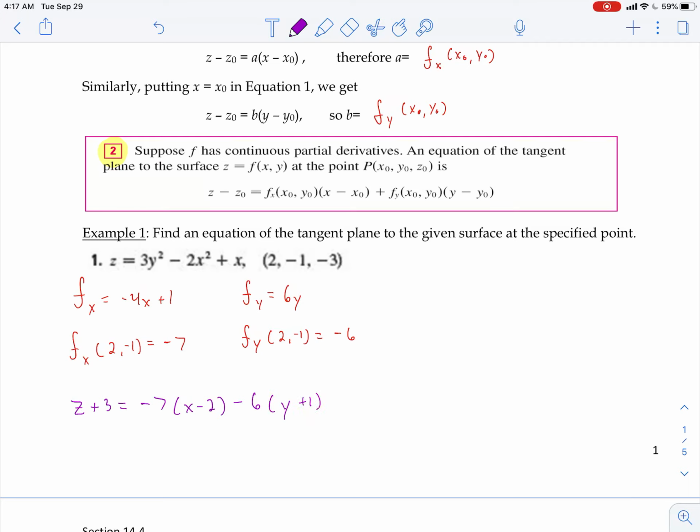So I'm going to write minus 6 times y minus a -1, so y plus 1. And there's the equation. You can leave it this way, or we can go ahead and solve for z. And then we can just multiply.